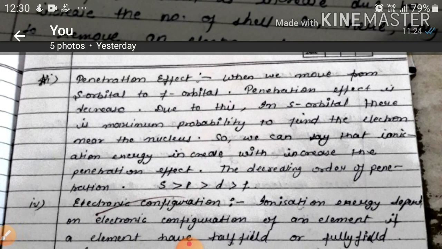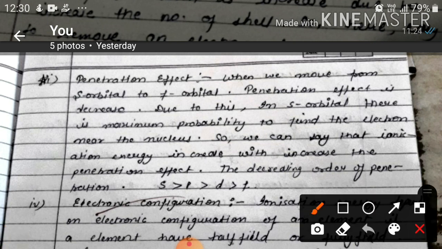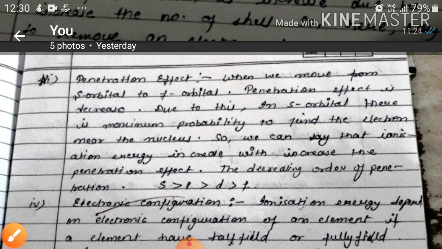Next is penetration effect. When we move from s orbital to f orbital, the penetration effect decreases. The s orbital has the maximum penetration effect and the f orbital has the minimum penetration effect. So we can say that in the s orbital there is maximum probability to find the electron near the nucleus.